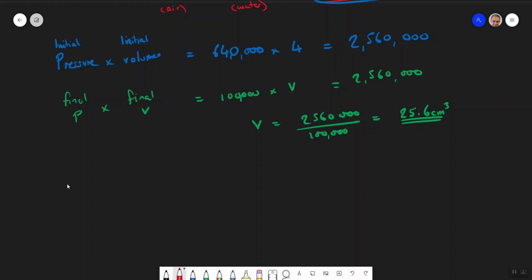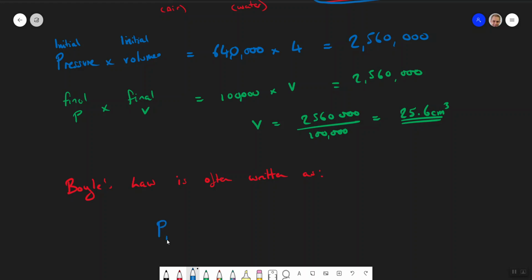So Boyle's law is often, rather than doing all this, you can write it as, so let's do, I'm going to use my blue and my green.